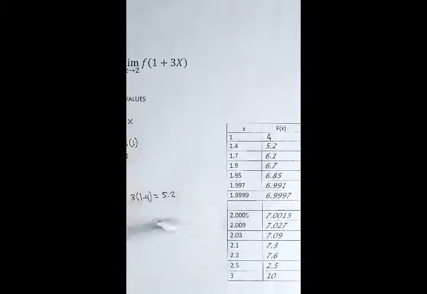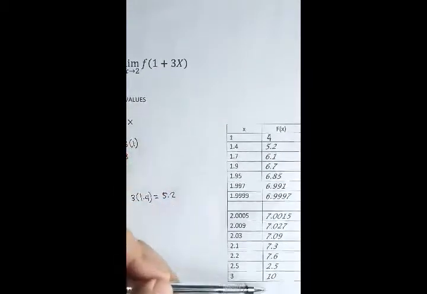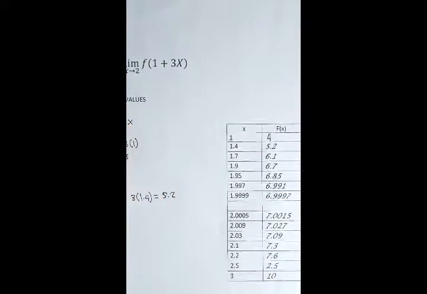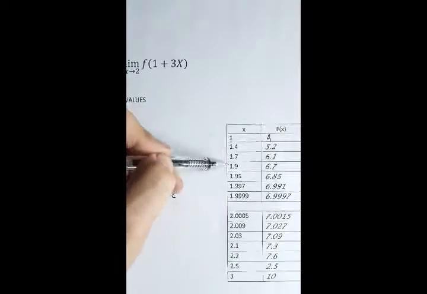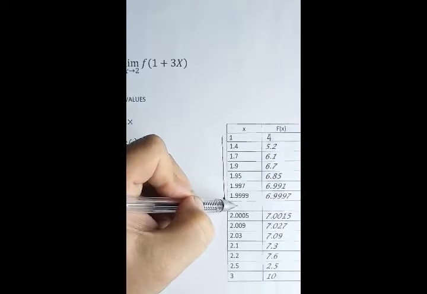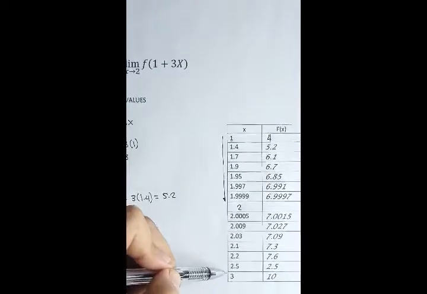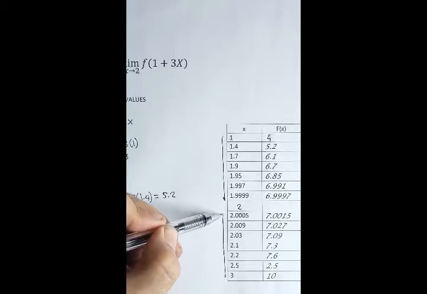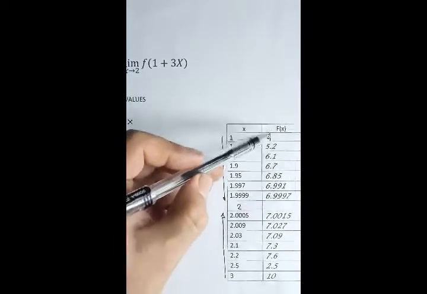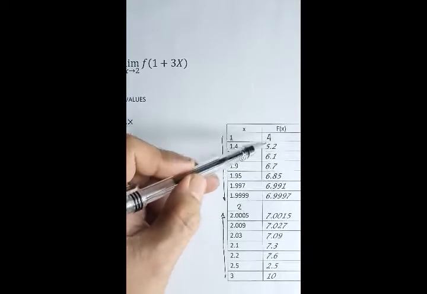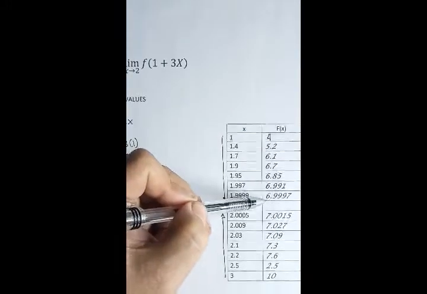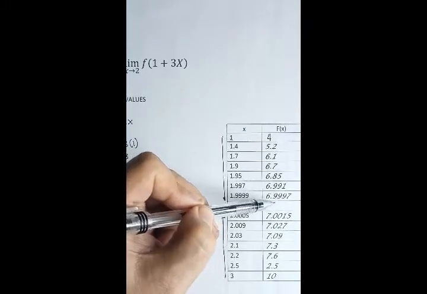And using the same function, we can complete it. If you will notice, our value of x is approaching 2. And on the other side, from 3, more than 2, it is also approaching 2. So observe the values of our function of x. From 4 up to 1.9, we get 6.997, so it gets close to 7.